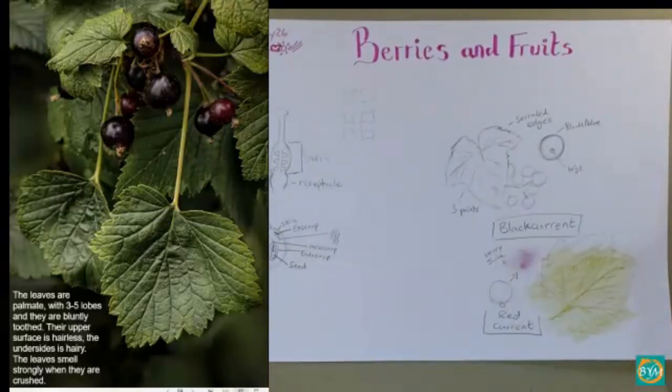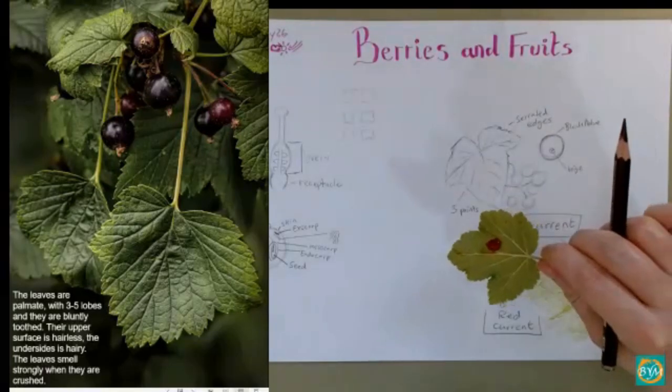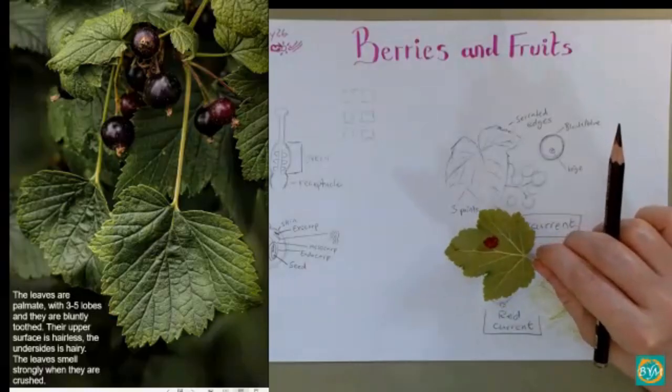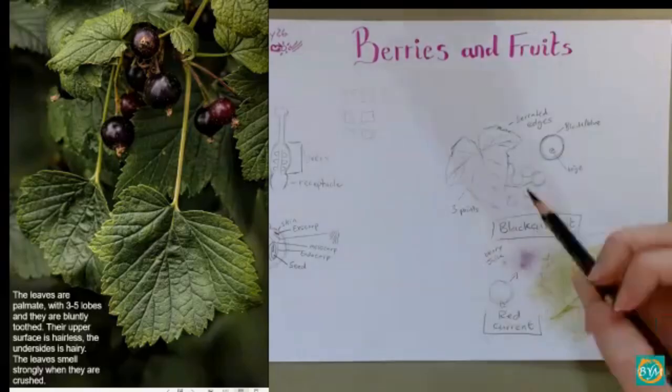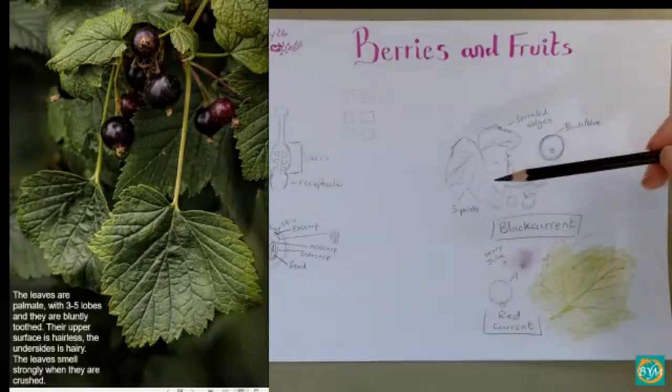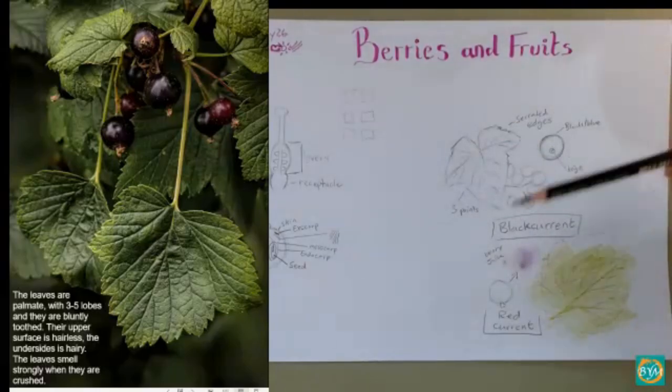Okay, so looking back at the blackcurrant leaves, you're looking at 3 or 5 lobes. You can see the red currant leaf I chose with a berry on it now. It definitely has the five lobes, but you might be finding some with between 3 and 5 on these currants.